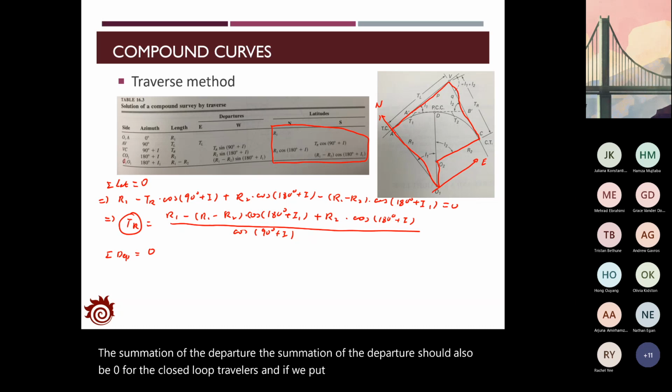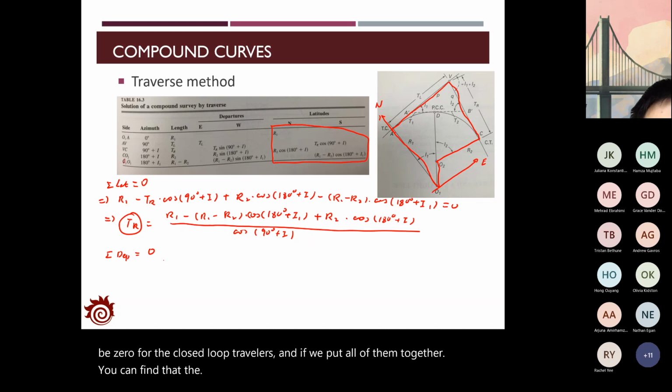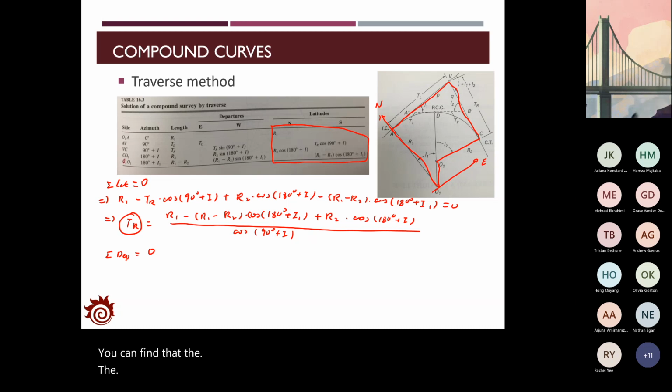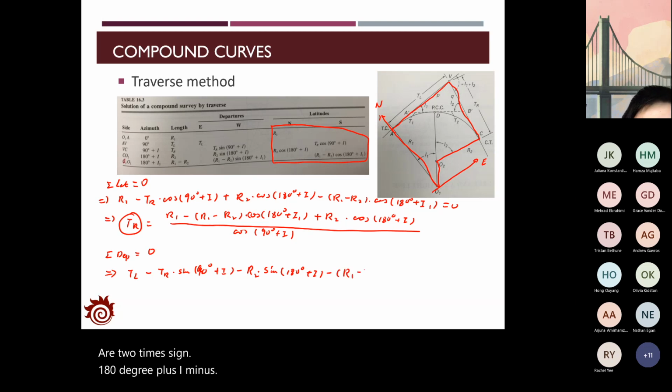And if we put all of them together, you can find that the value would be TL minus TR times sine 90 degree plus I, minus R2 times sine 180 degree plus I, minus R1 minus R2 times sine 180 degree plus I1.